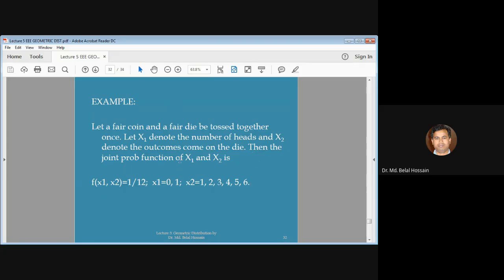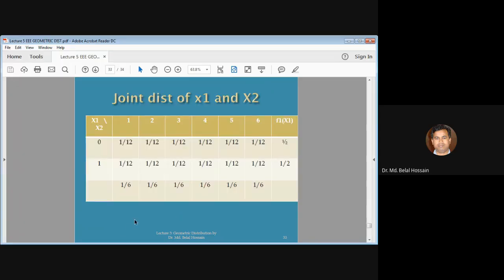Then the joint probability function of x1 and x2 is 1 by 12 when x1 equals 0 and 1 and x2 equals 1 up to 6. How we can write this distribution is here, the joint distribution of x1 and x2.